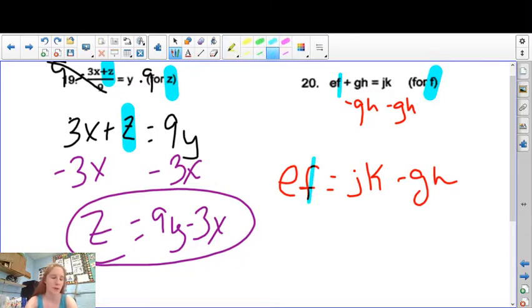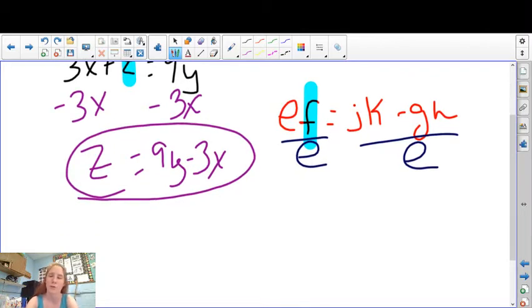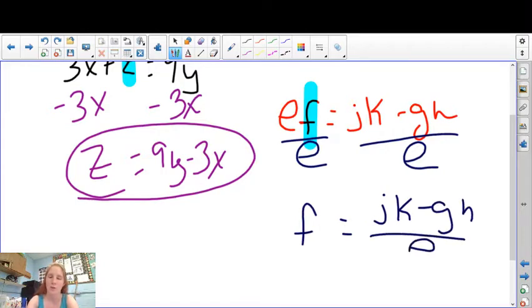He's on the same side with my E still. So I need to get rid of the E, and I notice that E's held on with multiplication. So we're going to undo that multiplication with division. And what I do to one side, I have to do to everything. So F is equal to J times K minus G times H, all divided by E.